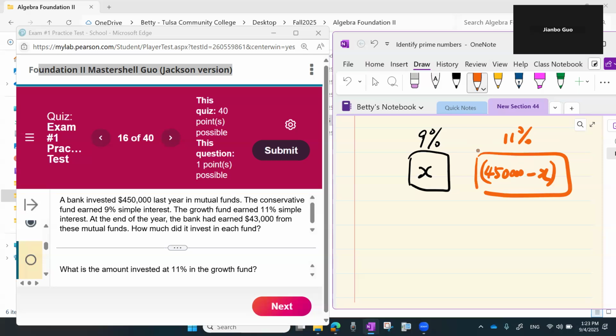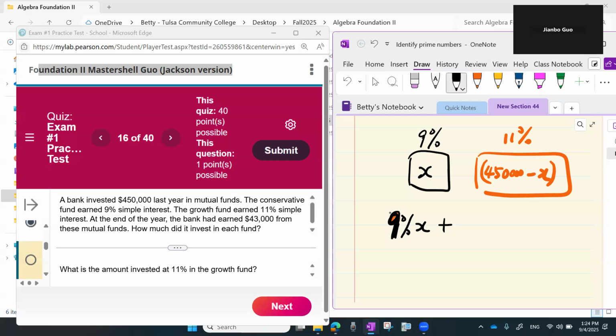And for the black box, if we multiply the interest rate with the dollar amount in the box, we would have the interest amount for 1 year. Okay, so 9% times X. Yeah, multiply the two numbers. We got the annual interest in dollars from the first fund.